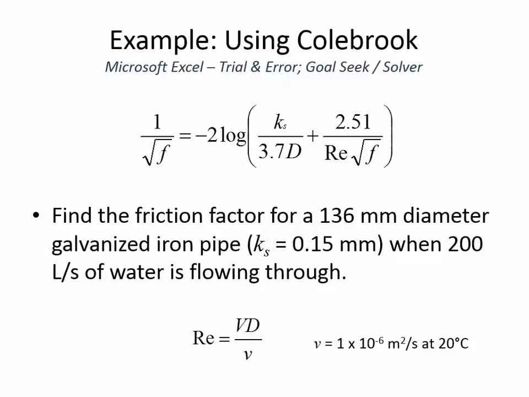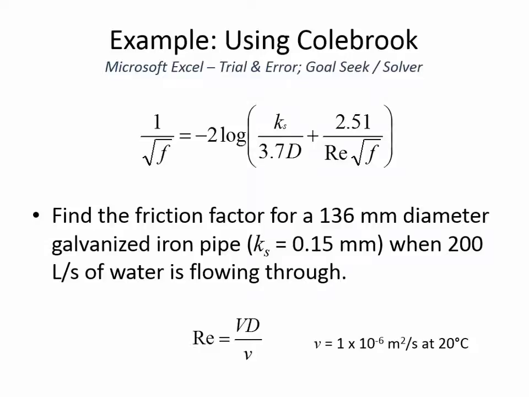So we want to find out what's the friction factor. We have to find the Reynolds number that goes along with that flow velocity. And this is water that's flowing through the pipe. We'll consider it's just ordinary water with the ordinary kinematic viscosity of 1 times 10 to the negative 6th meters squared per second.